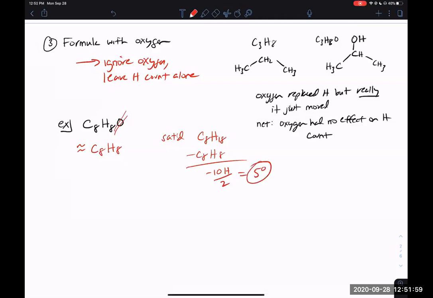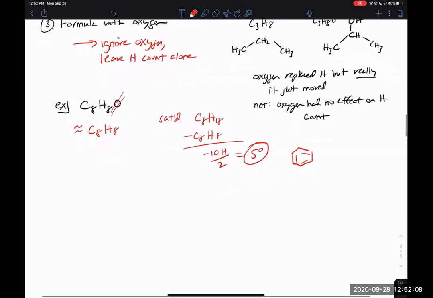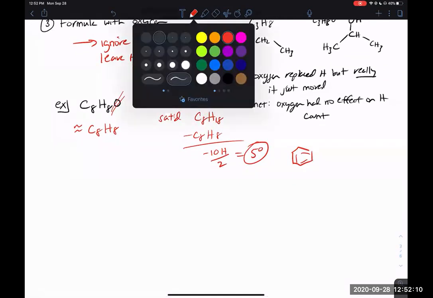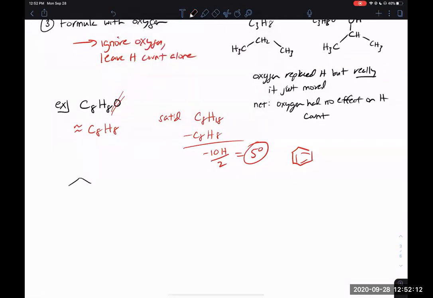Now, 4 or more, remember, is a benzene. So I know that this thing is a benzene plus something else. Let's go ahead and draw some possibilities. I've got a benzene. That's 4 degrees. I need 1 more degree.